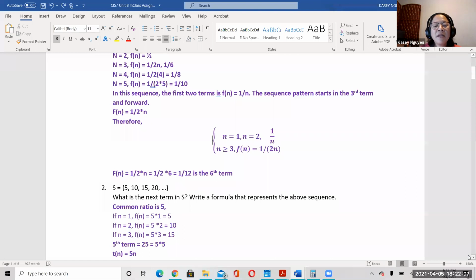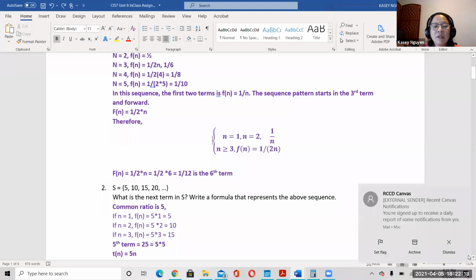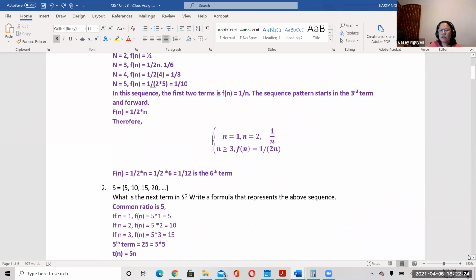Then it asks us what is the next term value in S, and we want to write the equation to represent that.